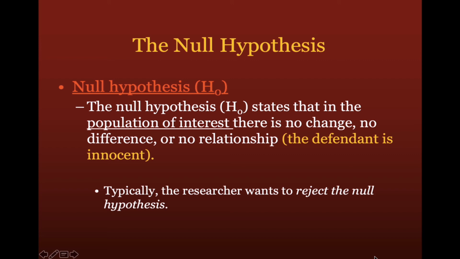If it's a correlation, you're saying that there's no relationship between the two variables, right? And again, this is the default assumption. So this is like in the legal system, where the defendant is presumed to be innocent. And typically, the researcher's goal is to reject the null hypothesis because he or she wants to show that there is some type of change or relationship or effect.